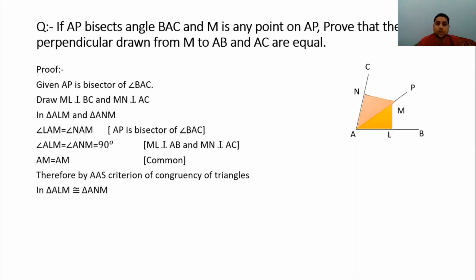Then by CPCTC, corresponding parts of congruent triangles, ML and MN, the perpendicular distances from M to AB and AC, are equal.